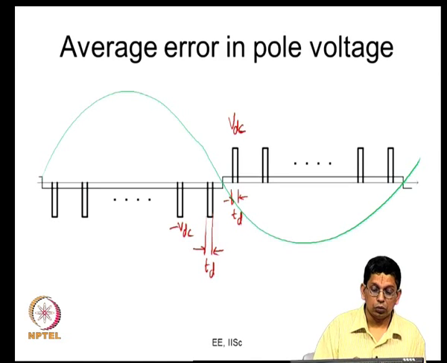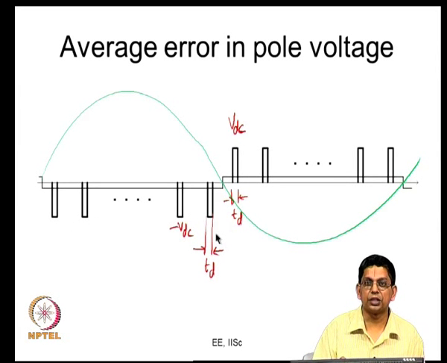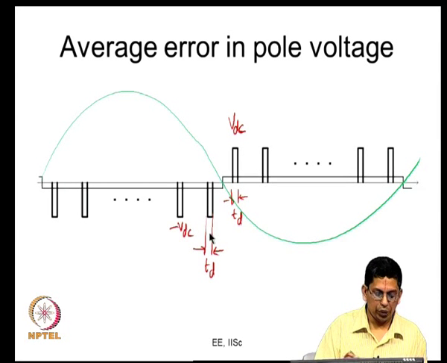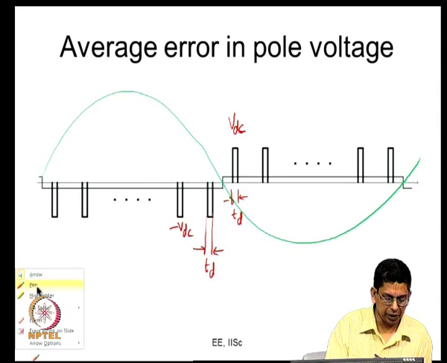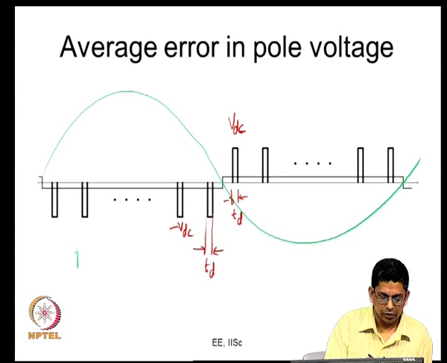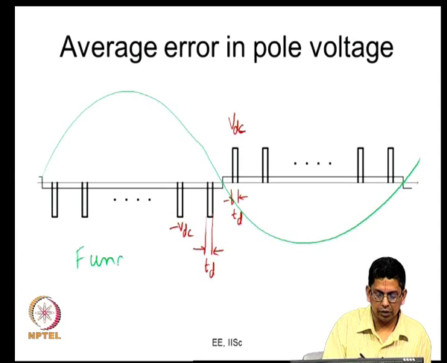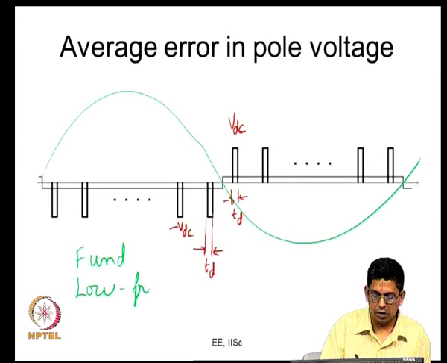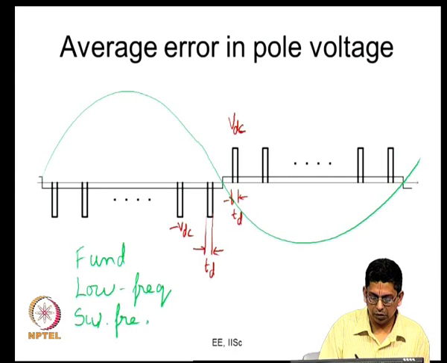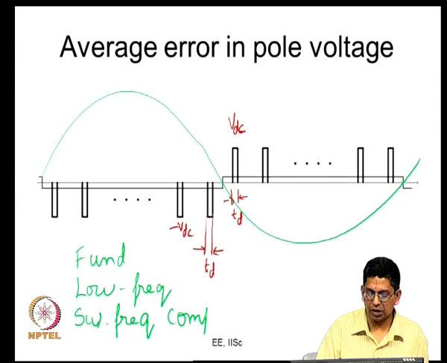Alright. So, you are going to have very high frequencies also, because these pulses are repeating at the switching frequency. So, you are going to have a fundamental component, you are going to have low frequency components, and you are also going to have switching frequency components.